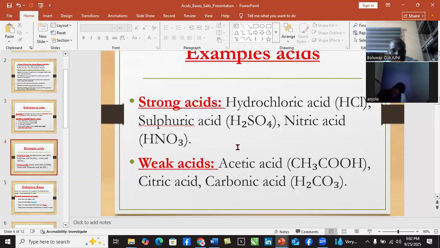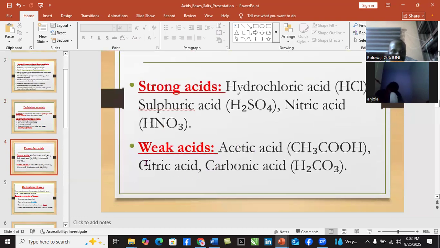That is strong acid and weak acid, and each of them has examples. HCl is an example of a strong acid, sulfuric acid, H2SO4, and HNO3, nitric acid. And weak acid, we have that. So that is what we have discussed so far.